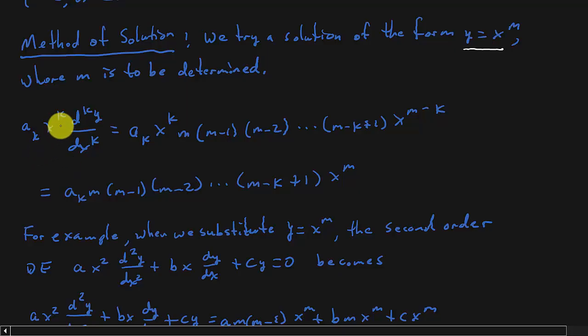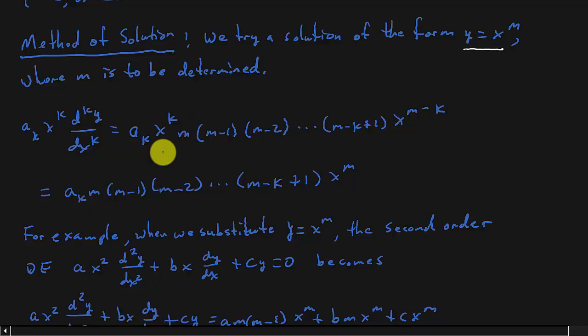A sub k x to the k times the kth derivative of y is equal to a_k x to the k times m times m minus 1 times m minus 2 down to m minus k plus 1 times x to the m minus k, which is equal to this right here. Notice the x to the k is gone.